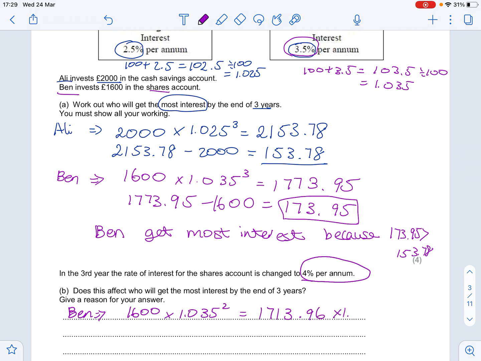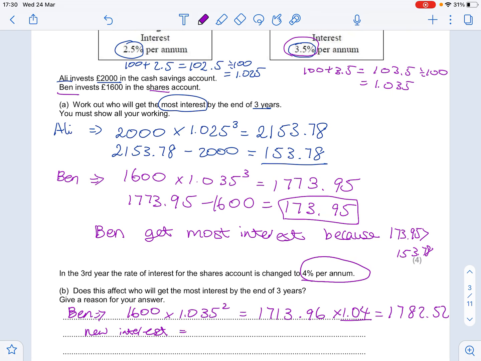Then multiplied by 1.04, so that's the interest for the third year. So at the end of the third year, he will have 1,782.52.